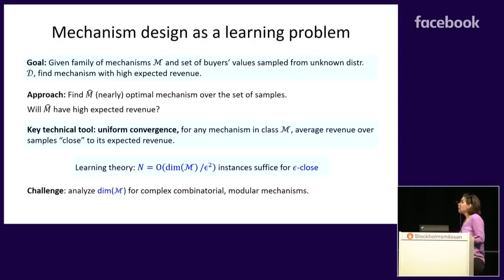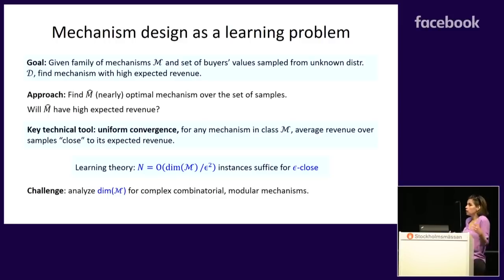In particular, the revenue functions here have structure that is unusual in machine learning. They have discontinuities, they're asymmetric, they are given by complex combinatorial mechanisms sometimes, like AMA that Tuomas described. So we really need new techniques to understand the intrinsic dimension of this family of mechanisms.